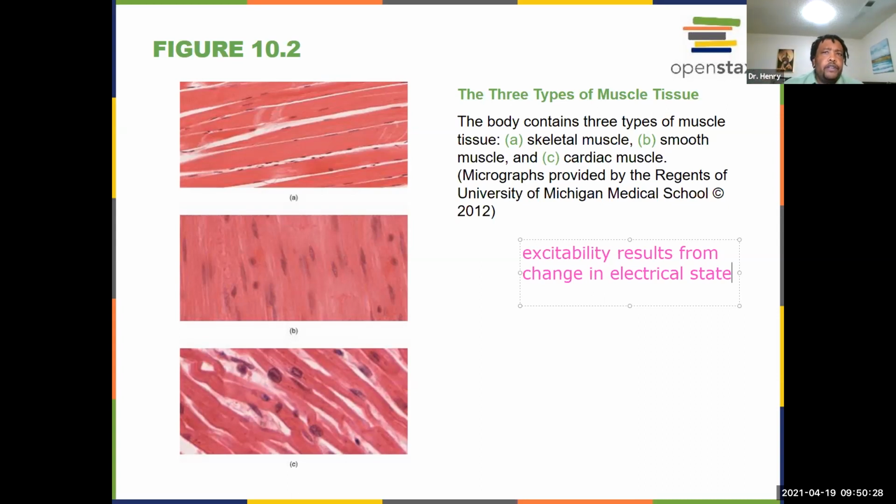So how many of you have had a muscle injury or a leg injury and had to go to a physical therapist? Nobody? Okay.